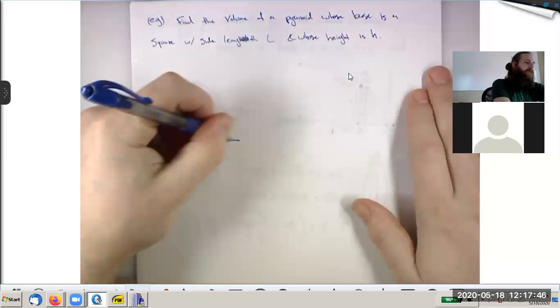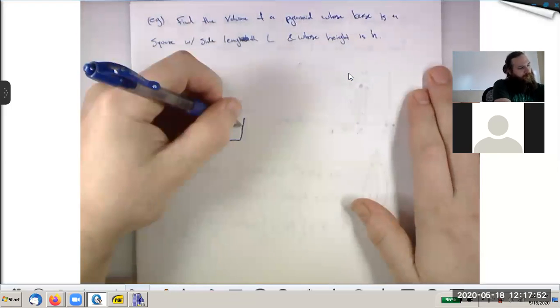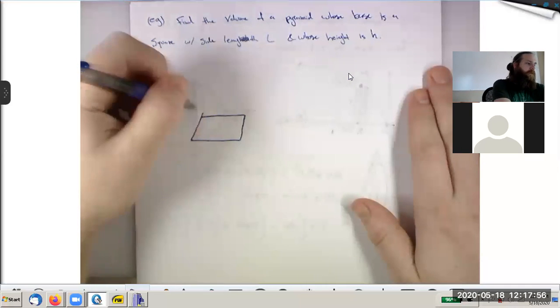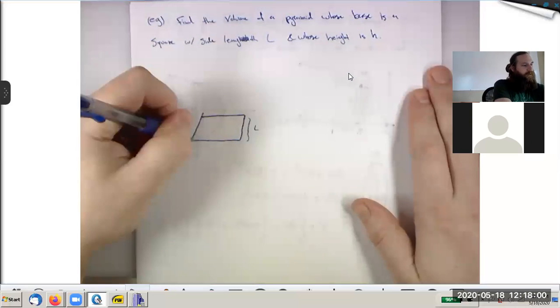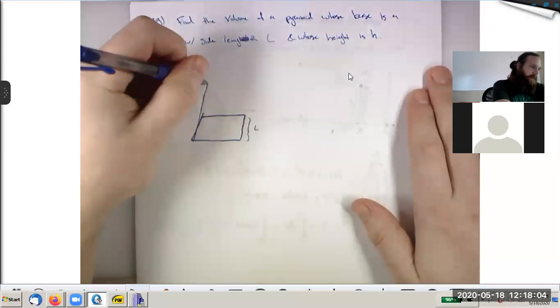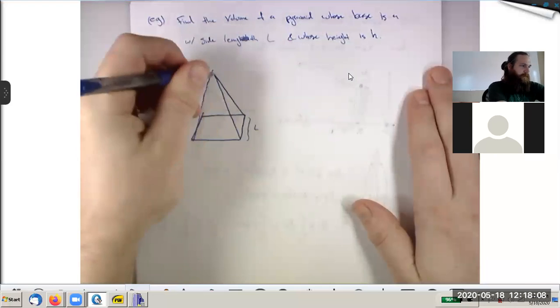Okay, well, its base is a square. My art is bad. Its base is a square, and the side length of that base is L, and its height is H. So something like this.